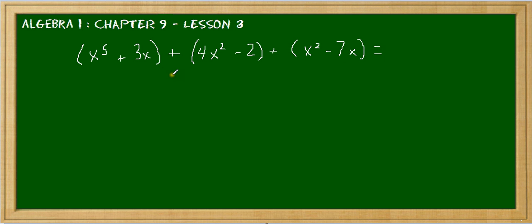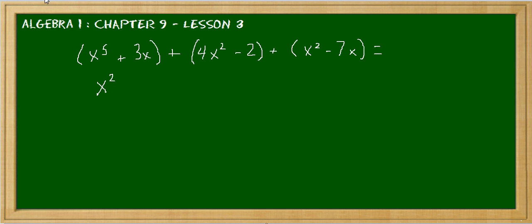Okay, we want to know, what does it equal? Well, again, we're looking at parentheses, and we could simply strip away the parentheses as they did. Now, I'm not just going to rewrite this all, but I am going to start looking at like terms and grouping them so that I can add them more efficiently. Okay, so I have x to the fifth. Is there another x to the fifth? No, but I'm going to write this in descending powers.